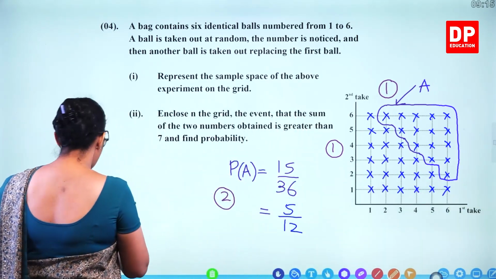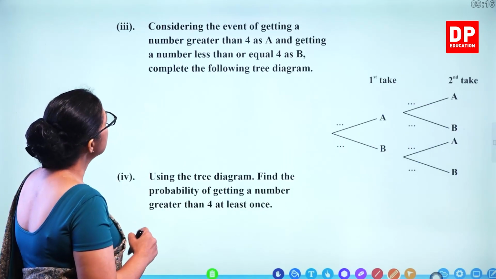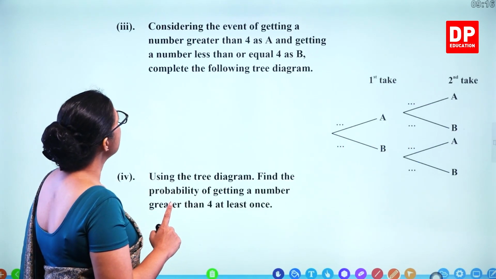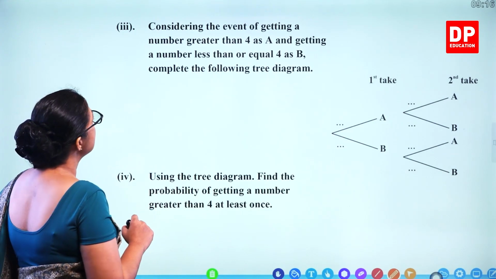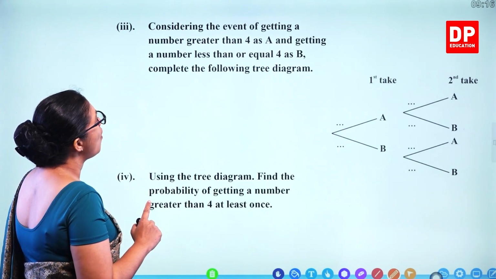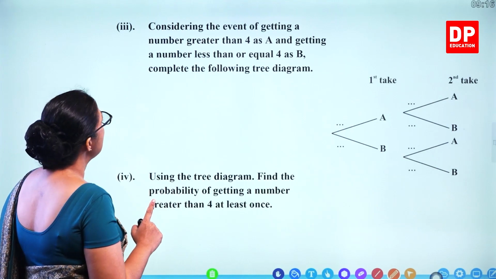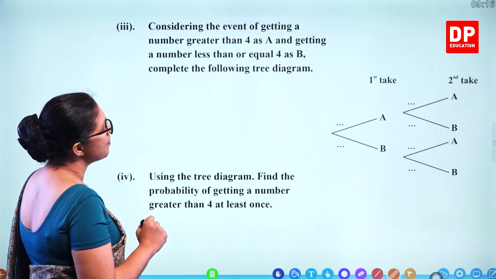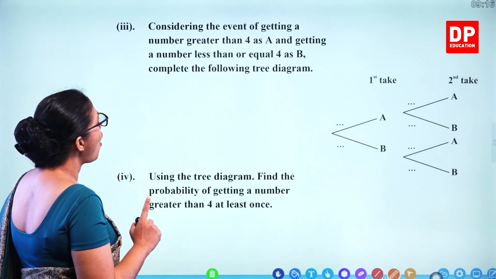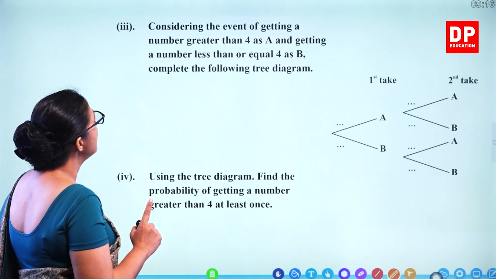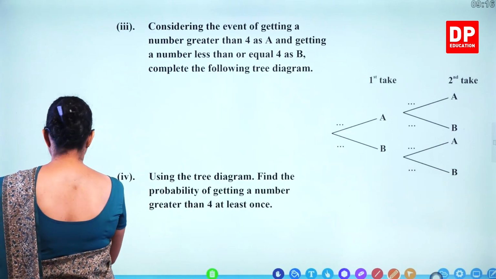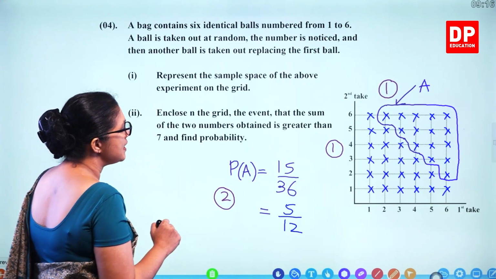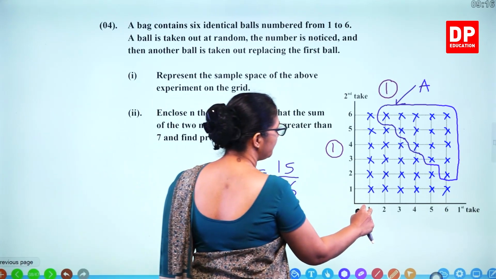So let's take the next one. Next part, considering the event of getting a number greater than 4 as A and getting a number less than or equal to 4 as B, complete the following tree diagram. So we need to find out how many possibilities there are of getting greater than 4.